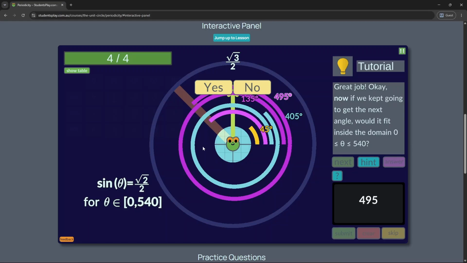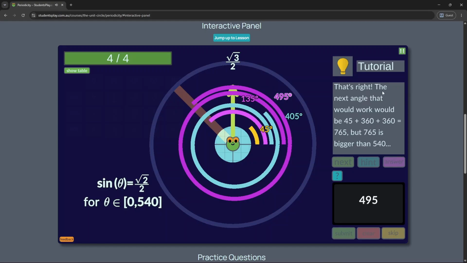And so we can visually see there's not going to be anything after that. Up to you. At a certain point, the number way of doing it kind of gets a bit easier, but it's good to have that visual understanding as well. So no, that will not fit. That's right. The next angle that would work would be 45 plus that. Yeah. So we found all of the answers to this question. Cool.